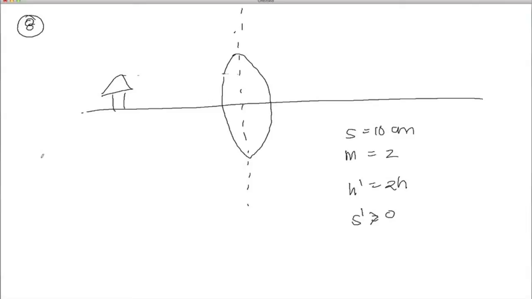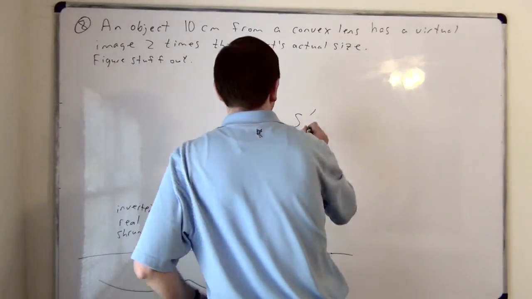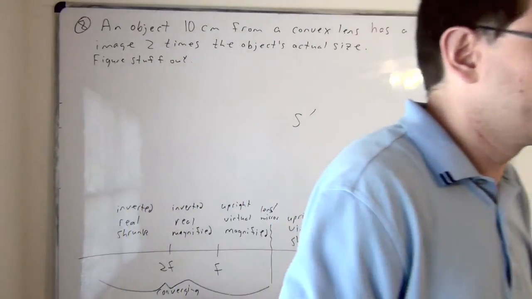Right. Okay. Why did you say S prime would be positive? Because it's going to be virtual, so you know it's going to be tracebacks, and it's a converging lens. Let's review the sign convention for S prime. When is S prime positive and when is it negative?